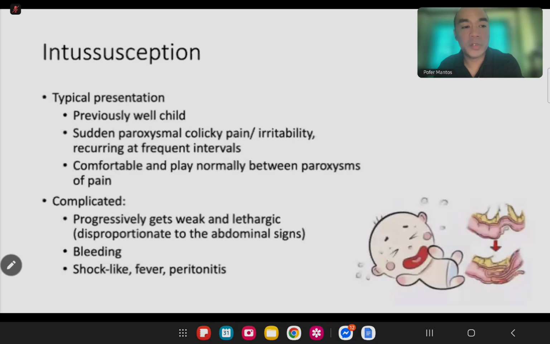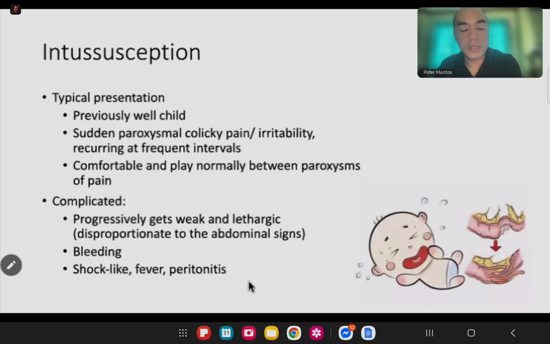For presentation, typically a previously well child suddenly experiences severe colicky abdominal pain and becomes irritable. It's on and off: sudden pain, then the child suddenly looks active as if nothing has happened. So there are paroxysms of pain and playing normally.